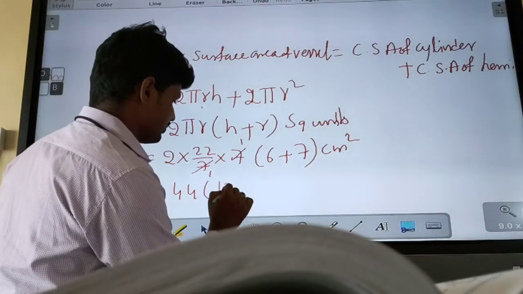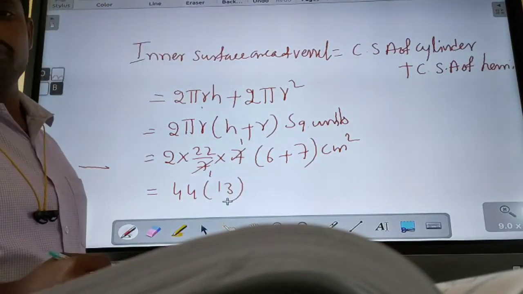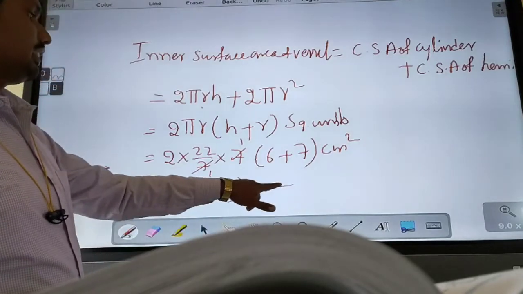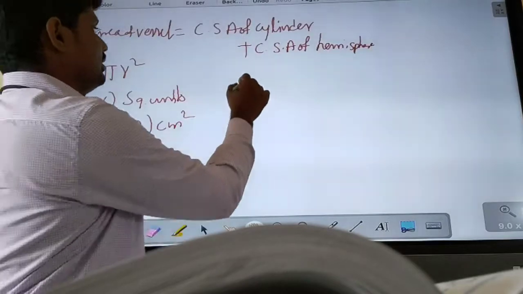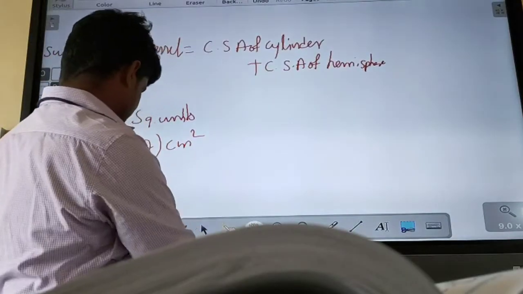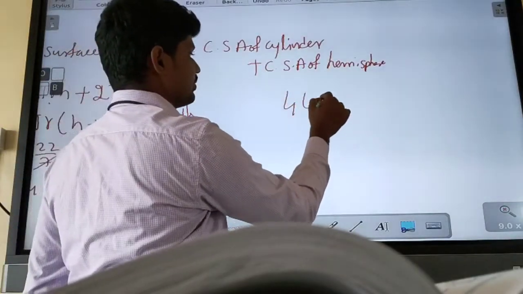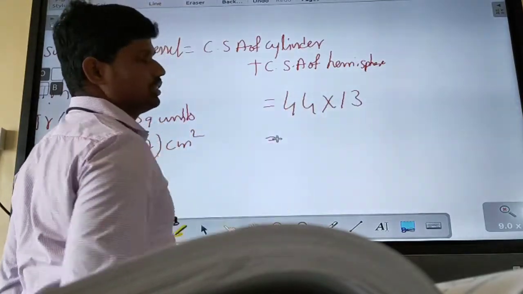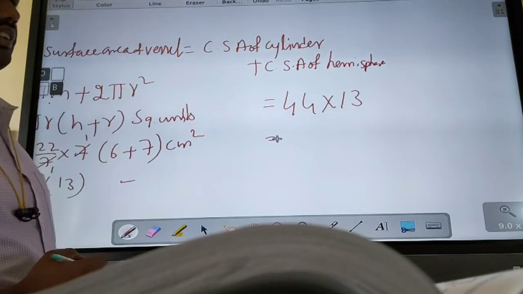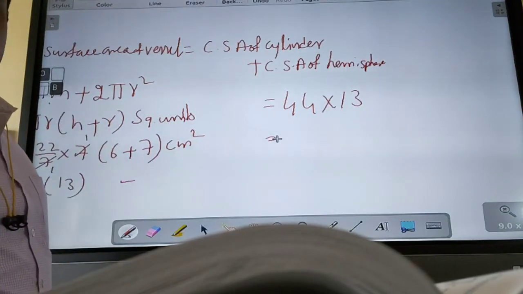13. So 44 into 13. Now simplify, children. 44 into 13, all of them, 13 table. 13 4s, how much, children? 13 1 is 13, 13 2 is 26, 13 3 is 39, 13 4 is 52.